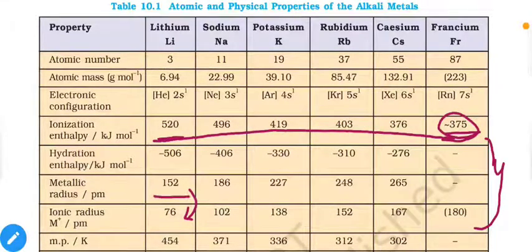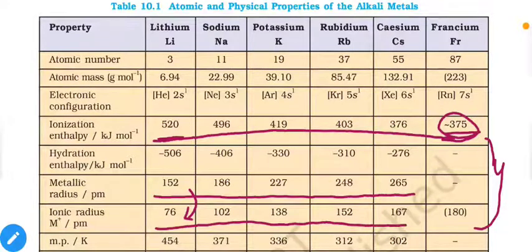So all the metallic radii are larger than their respective ionic radii. If a negative ion is there, then the opposite will happen. That means atomic radii will be smaller than ionic radii. A negative ion normally accepts electrons. So as we add electrons, the orbitals will expand, and that's why sizes will increase.